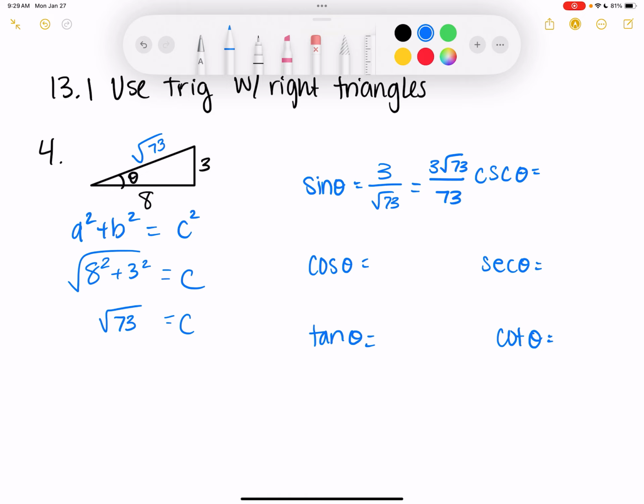It just flips the things. It's hypotenuse over opposite, so cosecant will be the square root of 73 over 3. If I had to flip this, then I'm going to be rationalizing again and reducing, and it's just a pain. So I use the original when it comes to that. And normally, obviously, we box our answers and all of that.